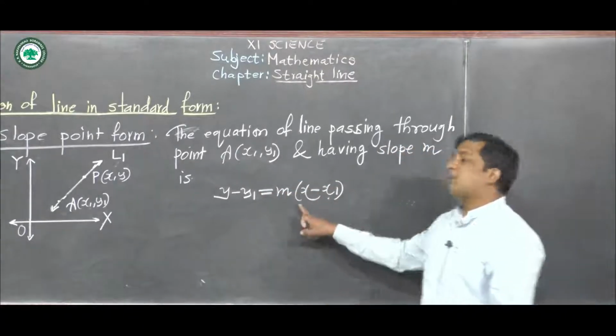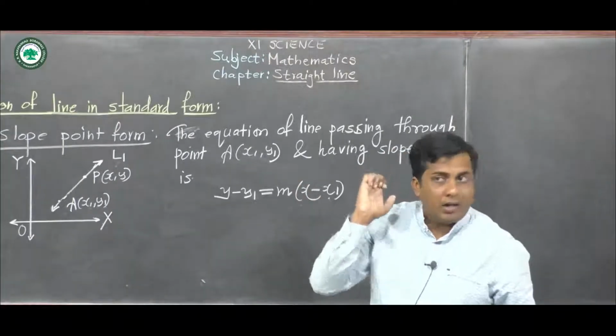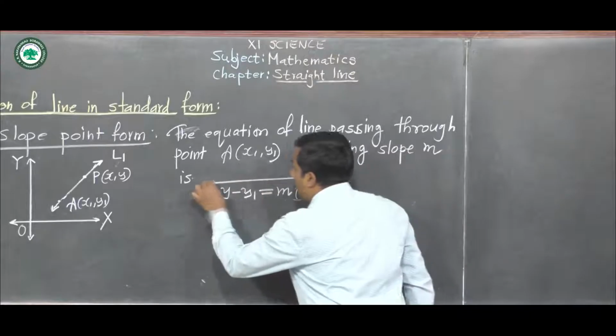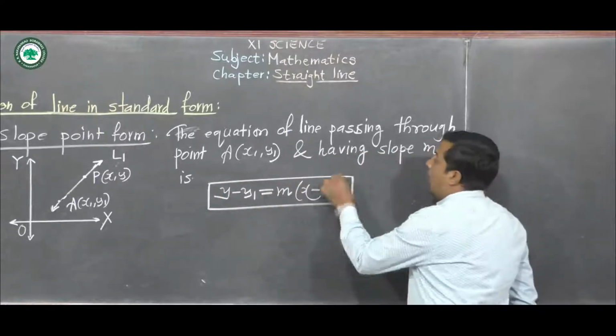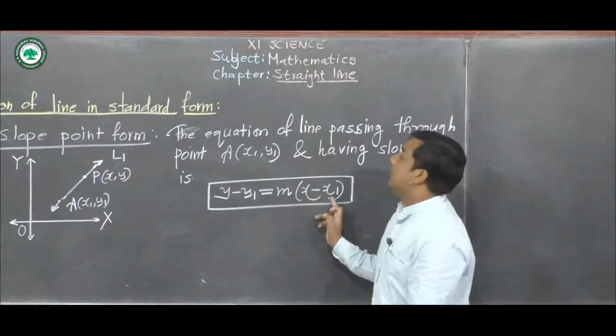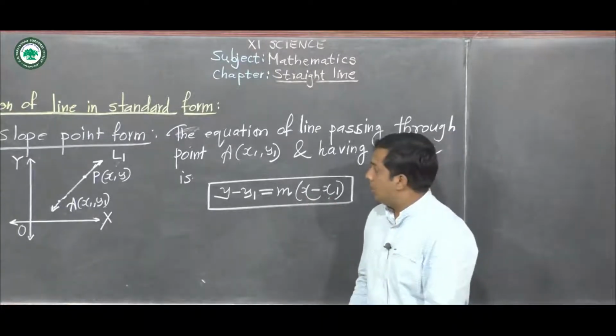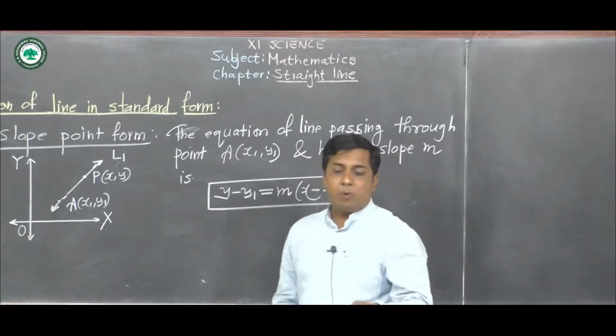So using this form we find the equation of the required line. I repeat again, y minus y1 is equal to m into bracket x minus x1. So this form is very important.